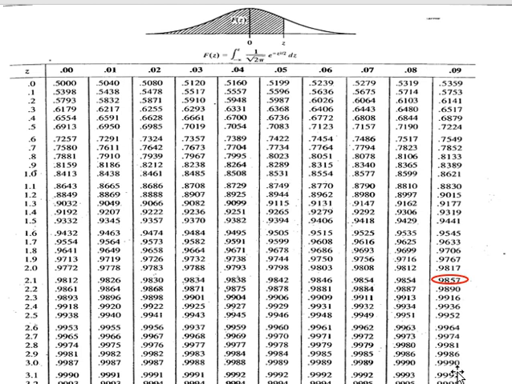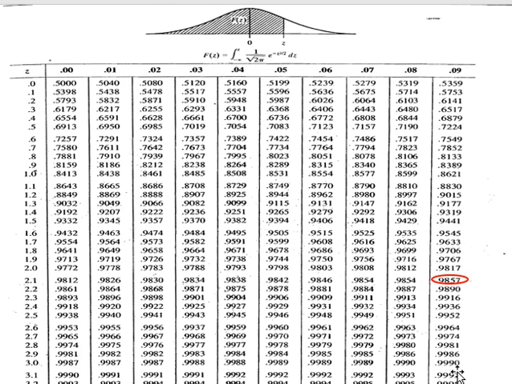Because after that it will be what? 1. So any value after this is 1. Clear? It will not increase from 1, it will not decrease from 1. So no need to put them in the table. So for my Z, the cumulative probability is 1.